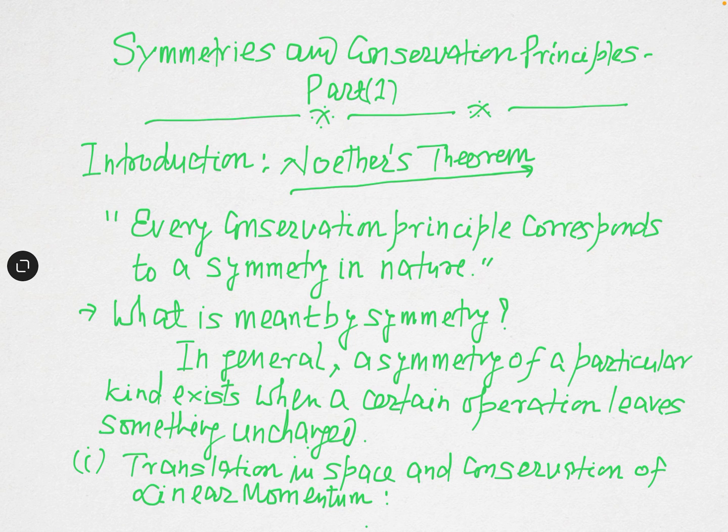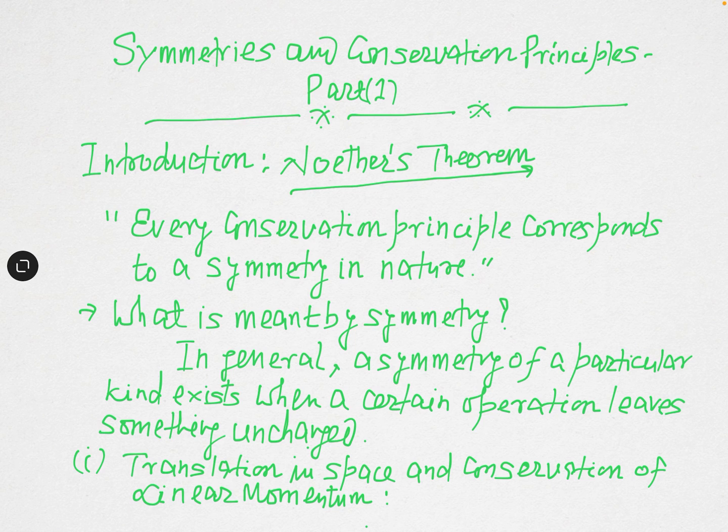In general, a symmetry of a particular kind exists when a certain operation leaves something unchanged. Let us take some examples to clarify this definition and see how symmetry leads to some conservation principle. Take the example of a candle.